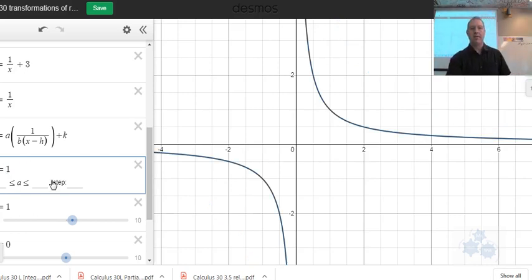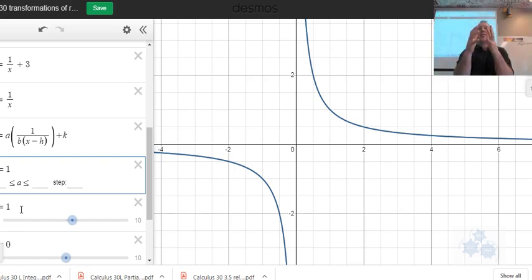What about b? Now remember, in a rational function, 1 over x, the b value is down here with the x, and so is the h value. Very important. It's all attached to the x value, so it's got to be in the denominator. So what normally happens with b? As b gets larger, does it stretch out, or does it compress in?